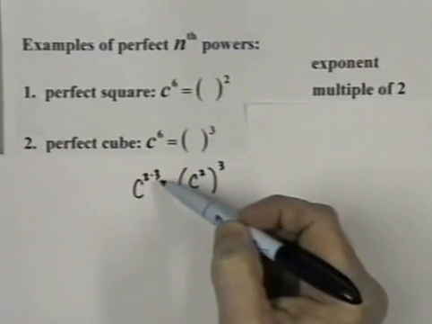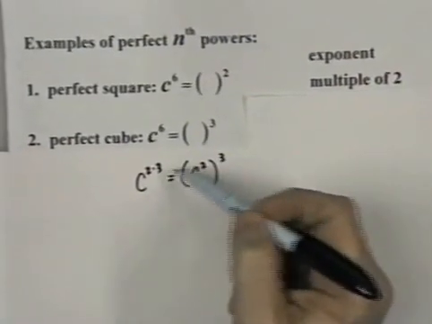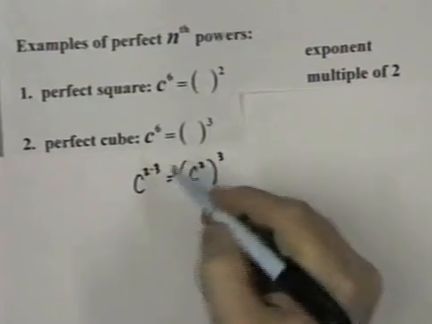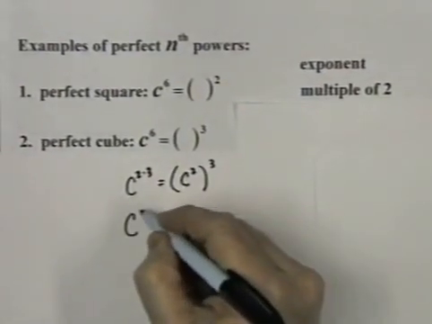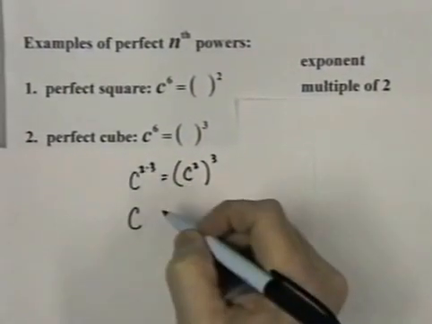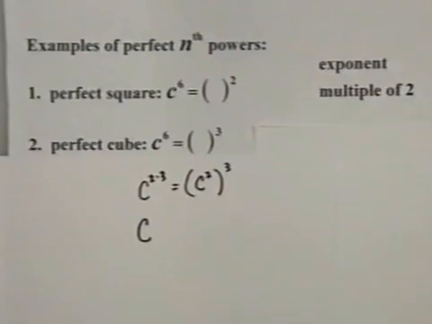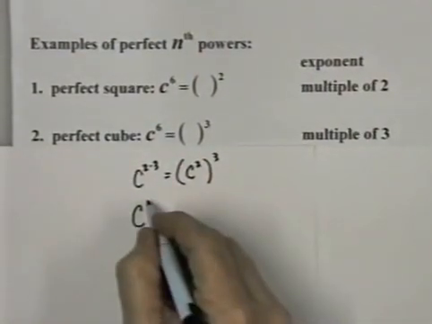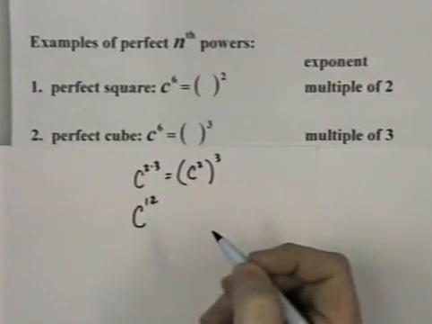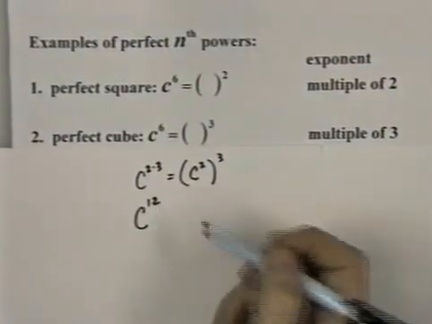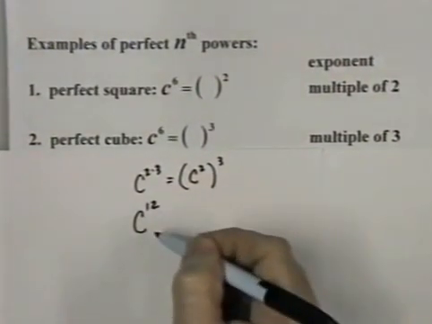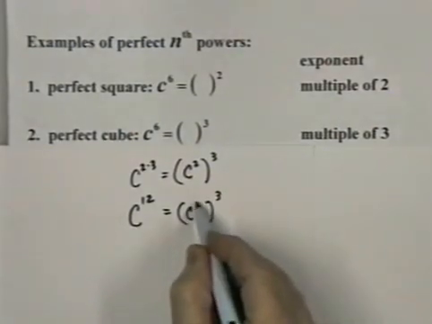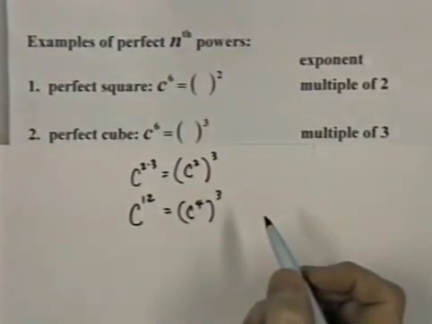And in other words, if I want a perfect cube, I need a factor of 3 in the exponent, don't I? So as long as you write an exponent that has a factor of 3, or another way to say it, a multiple of 3, say for instance 12. 12 is a multiple of 3, and so this must be a perfect cube, because I can write it as the cube of c to the 4th.